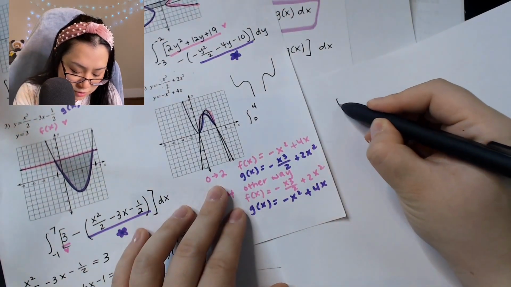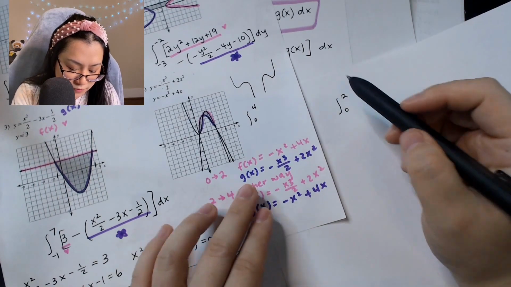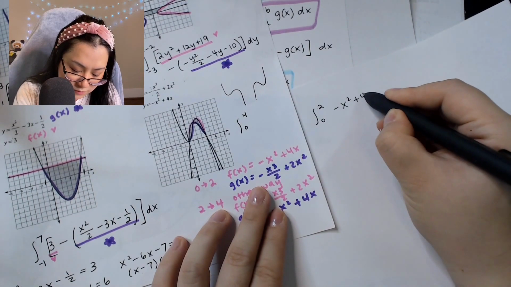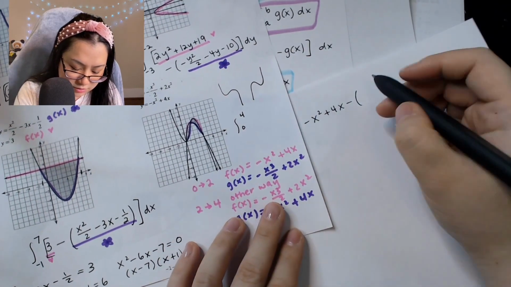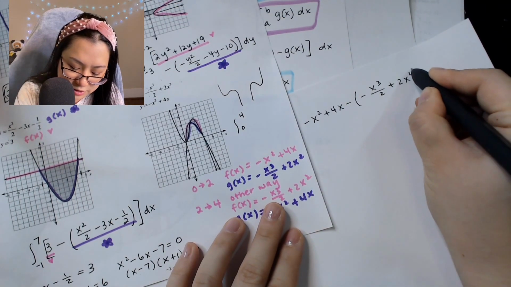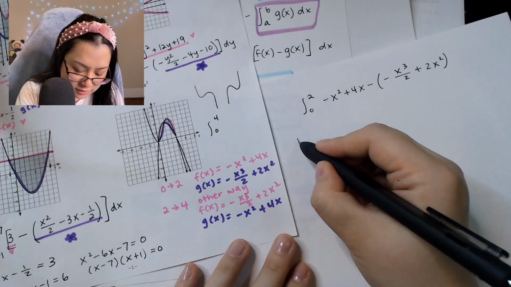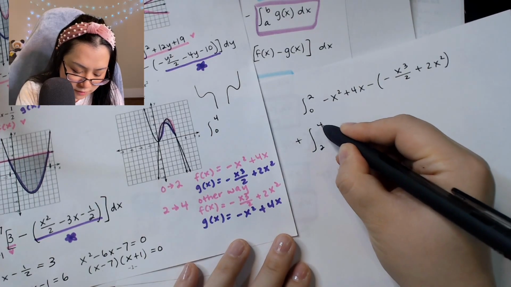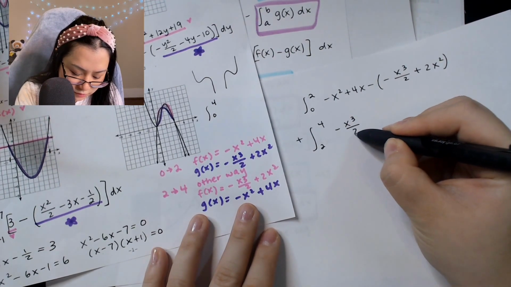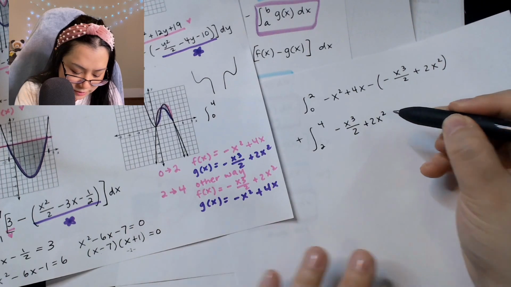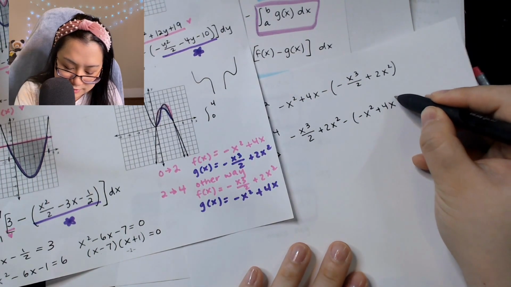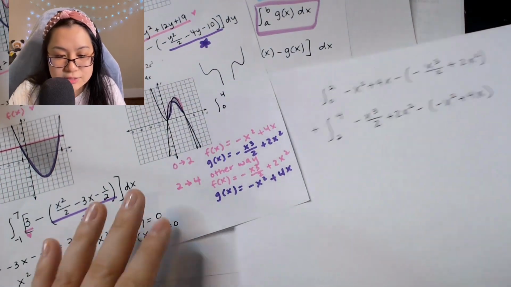So from 0 to 2, just follow your f of x minus g of x, and so we'd have negative x squared plus 4x minus parentheses negative x cubed over 2 plus 2x squared, and then plus 2 to 4, and I'll add the dx's here in a second, but negative x cubed over 2 plus 2x squared minus negative x squared plus 4x dx.